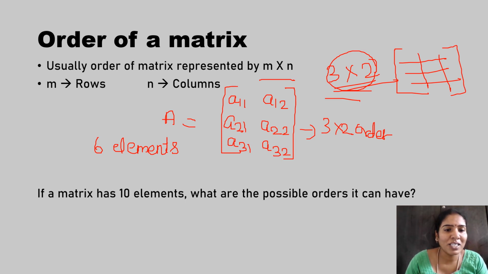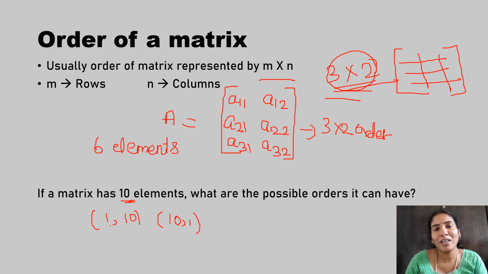My first thing, it should have 10 elements, right? It may have one row and 10 columns. Yes, right? And another one, 10 rows and one column. What do I actually need? If I multiply m into n, I need to get 10. In what ways can we get 10 as an answer?